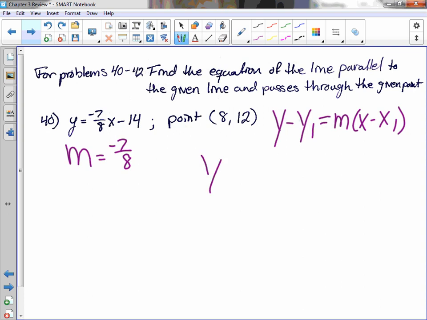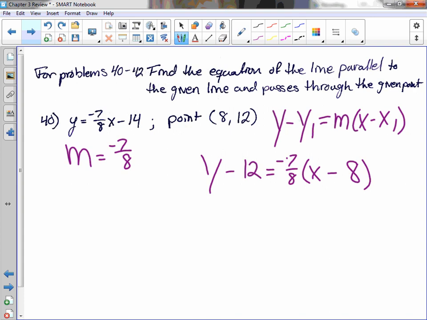So I can use that. y minus our number, negative 7/8 times x minus our number. So what was the point they gave us that this line passes through? It passes through the point (8, 12). The x value is 8. So we plug that in.